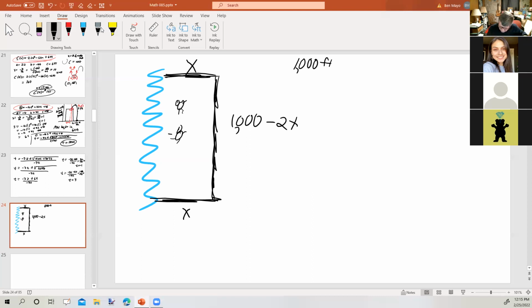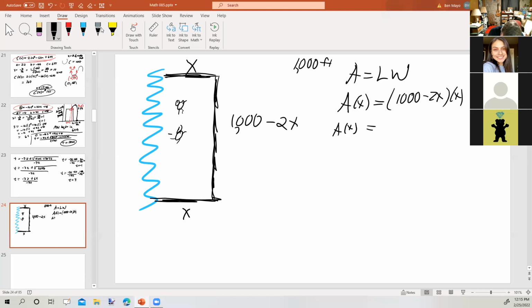So now the area is length times width. So the area, and I'm going to write it as a function, would be 1,000 minus 2x times x, which is 1,000x minus 2x squared, which, putting it in standard form, is negative 2x squared plus 1,000x.